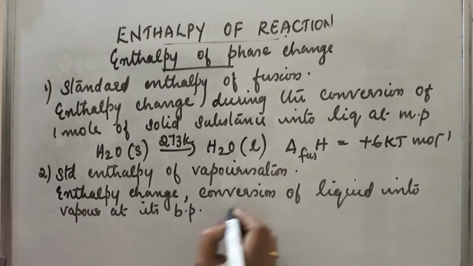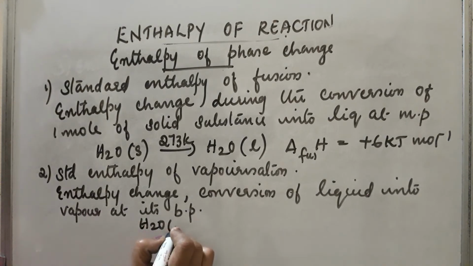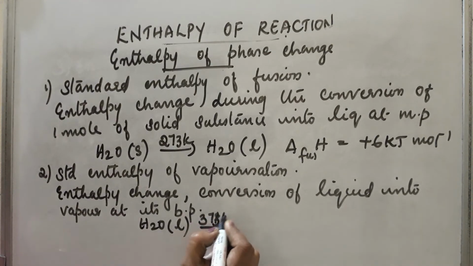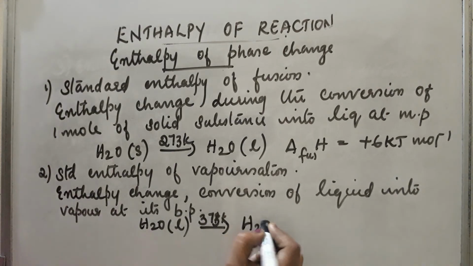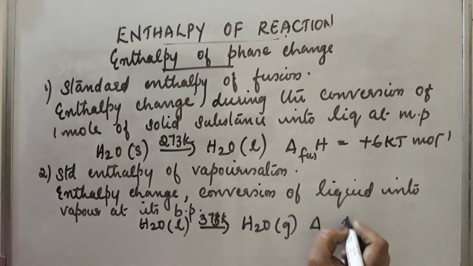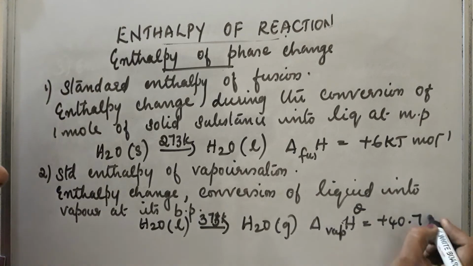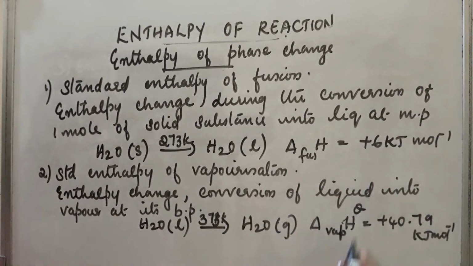For example, H2O liquid, boiling point is 373 Kelvin, gets converted into H2O gas, that is steam. Delta H of vaporization is equal to plus 40.79 kilojoule per mole.